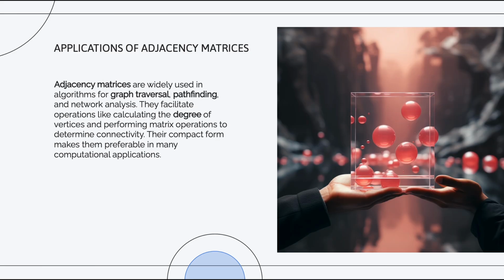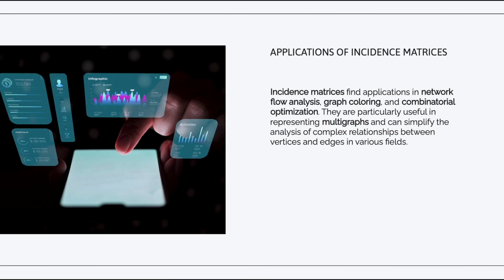Applications of adjacency matrices: adjacency matrices are widely used in algorithms for graph traversal, path finding, and network analysis. They facilitate operations like calculating the degree of a vertex and performing matrix operations to determine connectivity. Their compact form makes them preferable in many computational applications.